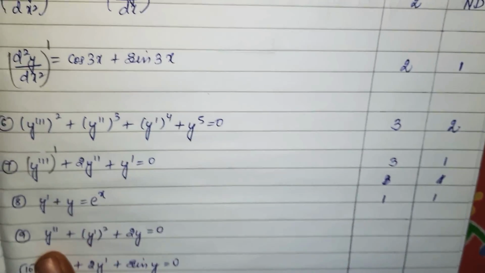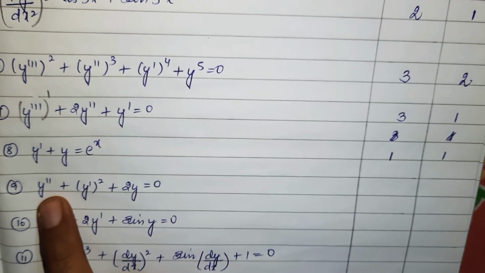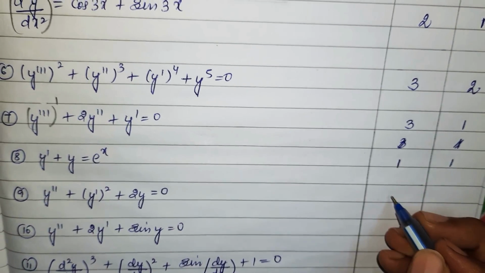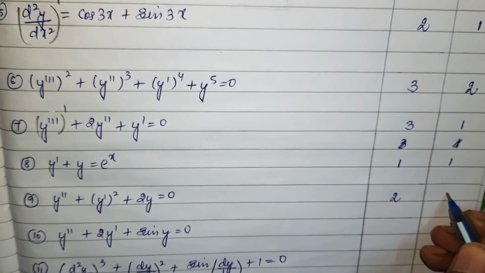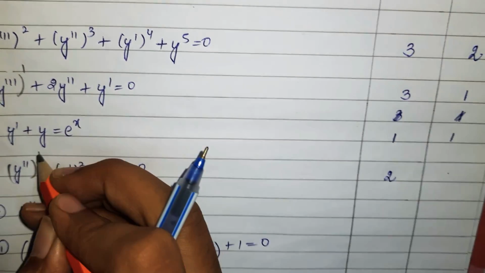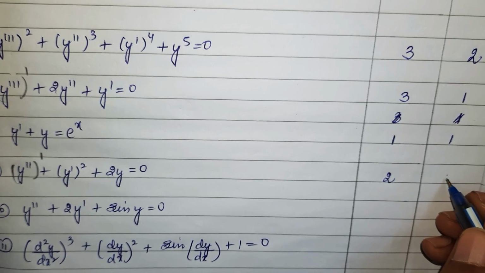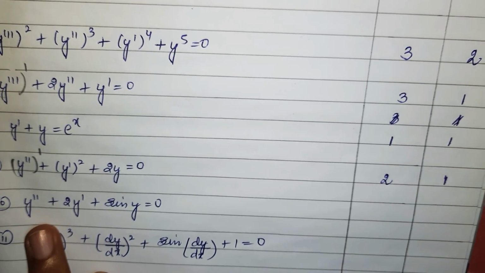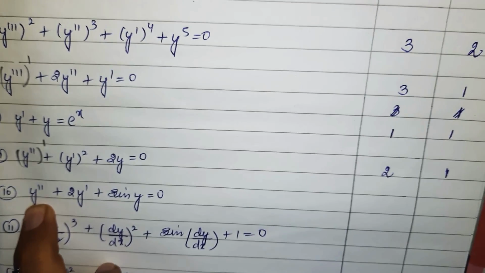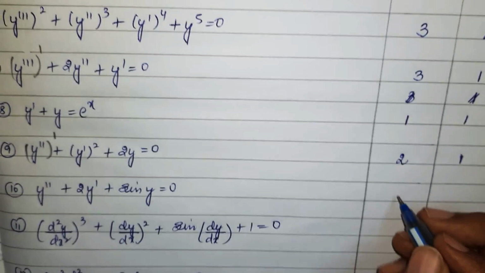Okay. Here, this is a polynomial equation. For order, you need not check. Highest order is 2. Degree is, now see, highest order is this. So degree is 1. Now, for the 10th question, highest order 2, degree is also 1.